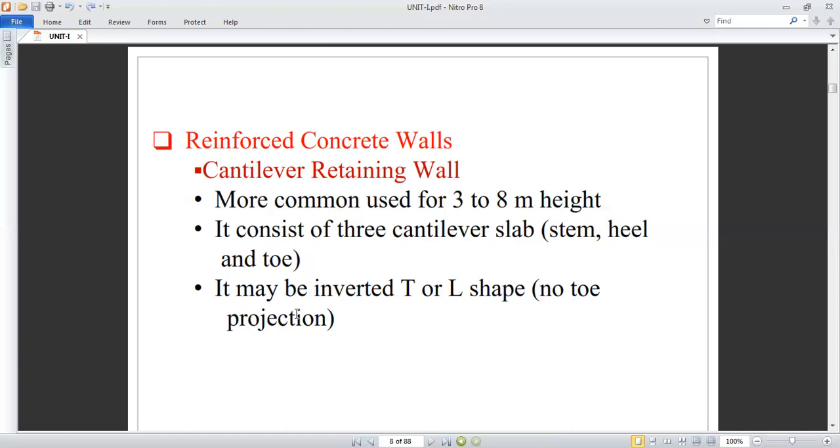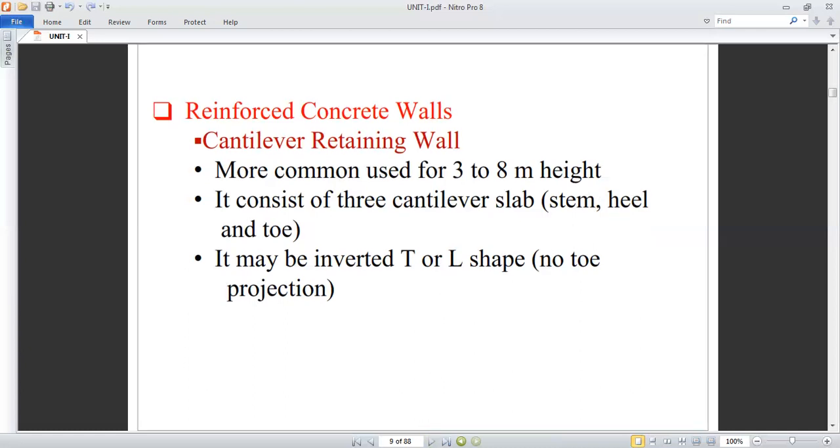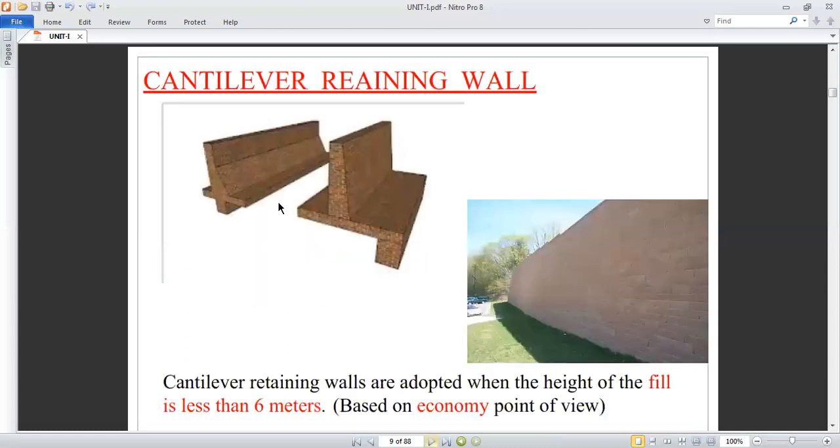Two major types of cantilever retaining wall are available: one is the inverted T and the other is the L shape. In the L shape you can see there is no toe projection. I'll tell you what the heel, toe, and stem are. You can see the cantilever retaining wall here.